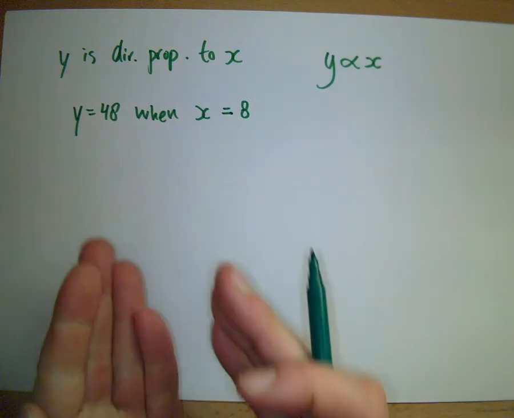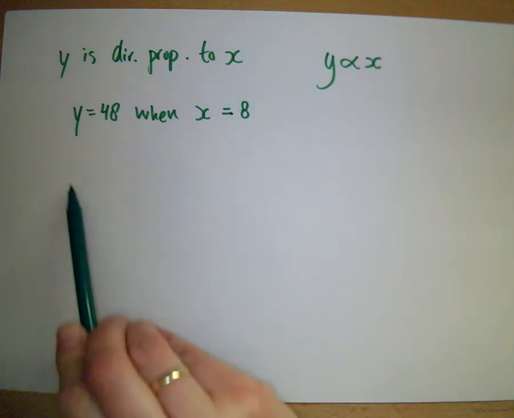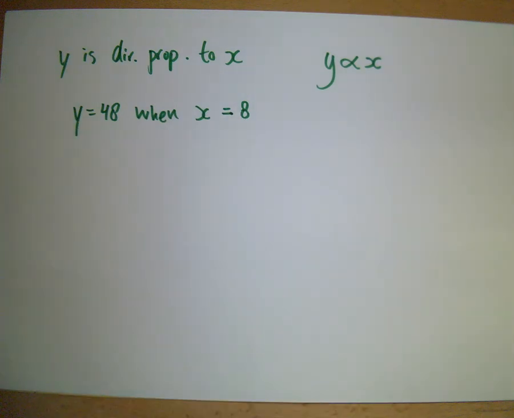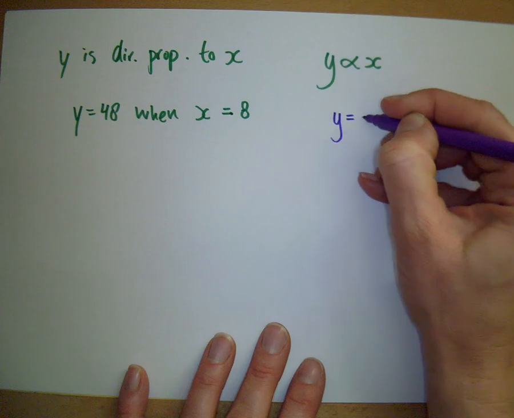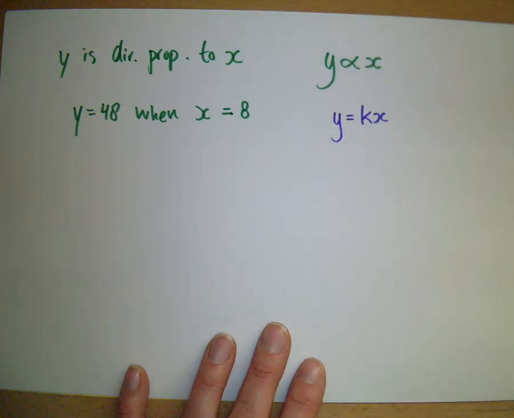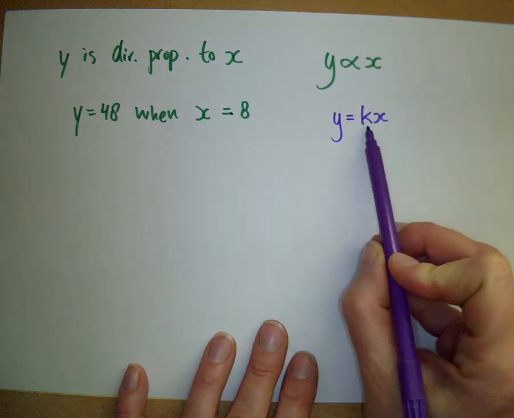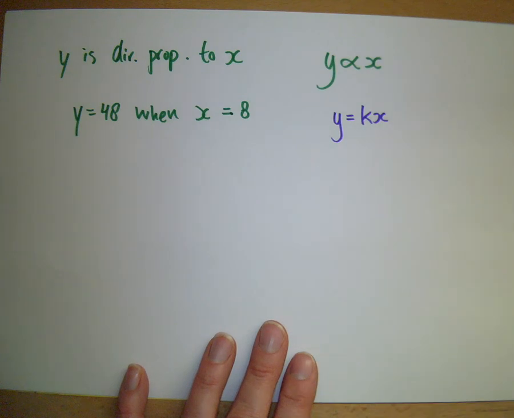Okay, so the two are directly proportional, and another thing we know is that when x is 8, y equals 48. Now, can we find the equation, the formula for y in terms of x? Like this, to find y in terms of x? So really all we need to find is the k, right? Is the constant of proportionality.